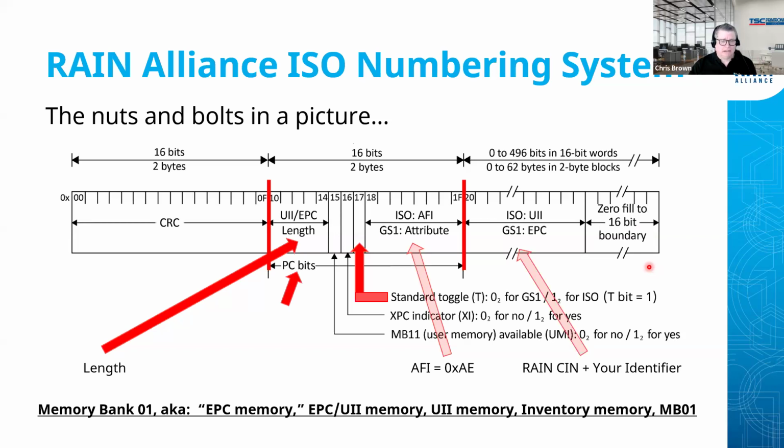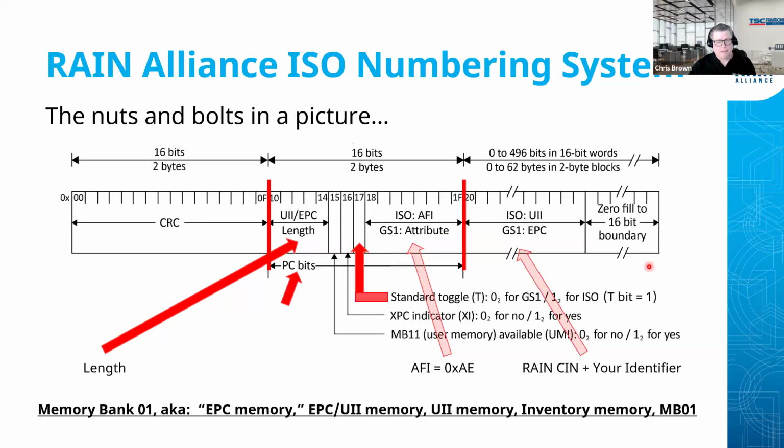That's not really a correct term because EPC is specifically a GS1 term. Remember, we're doing an ISO encoding. Over in the ISO world, instead of saying EPC, people try to say UII. Means basically the same thing. EPC, electronic product code, UII, unique item identifier.